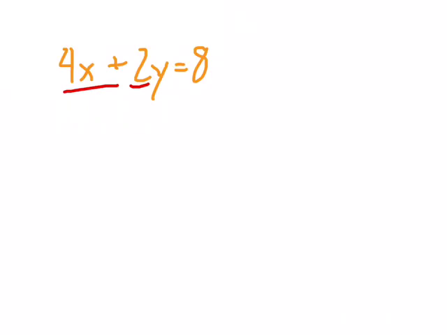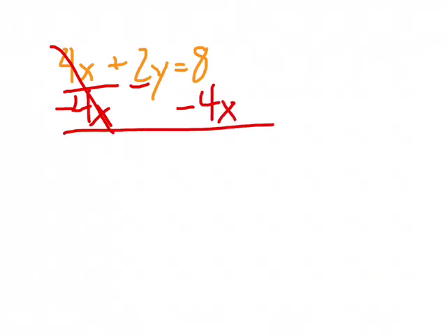So in reverse, I subtract to undo my addition first. So that goes away, and minus 4x comes off of both sides. This is where rewriting it's really nice. So I have 2y remaining, and that equals 8 minus 4x.